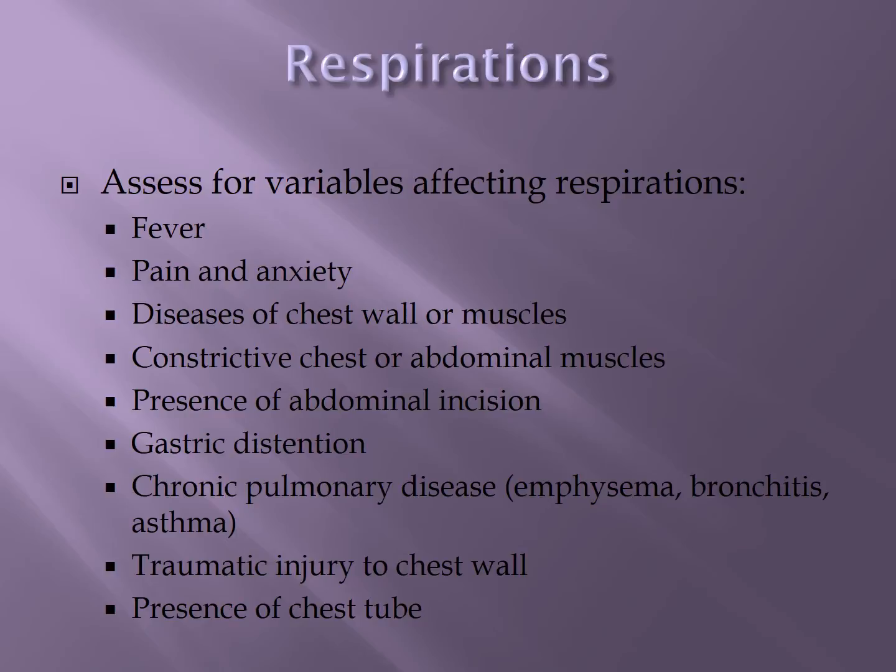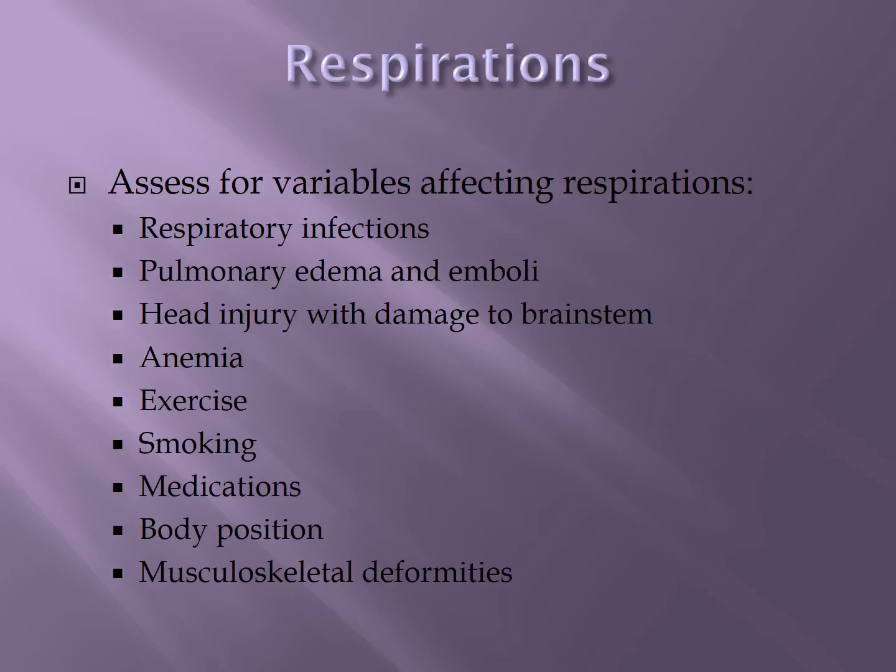Then we have COPD, which consists of the 3 diseases of emphysema, bronchitis, and asthma. They very definitely are going to affect everything in relationship to respirations. What the rate is, what the rhythm is, what the effort is. And then, of course, traumatic injuries, or do they have a chest tube? Do they have a tube that is going up into that pleural space? Any infectious process.